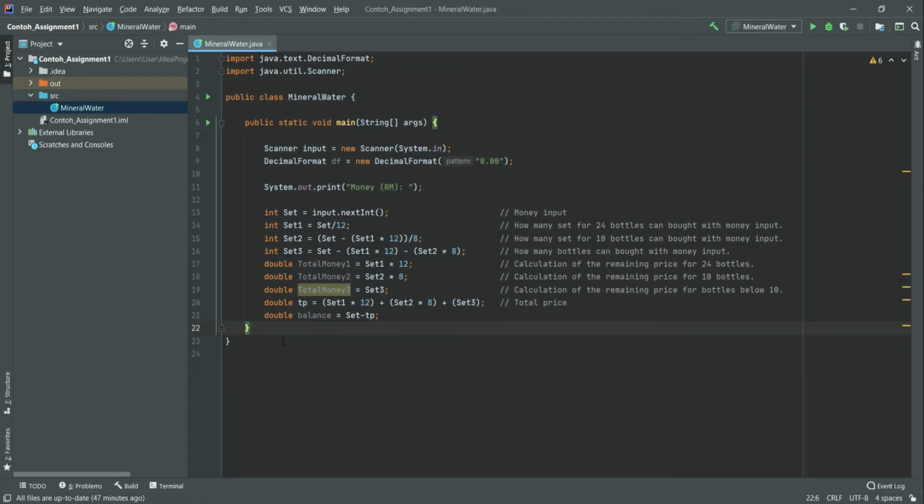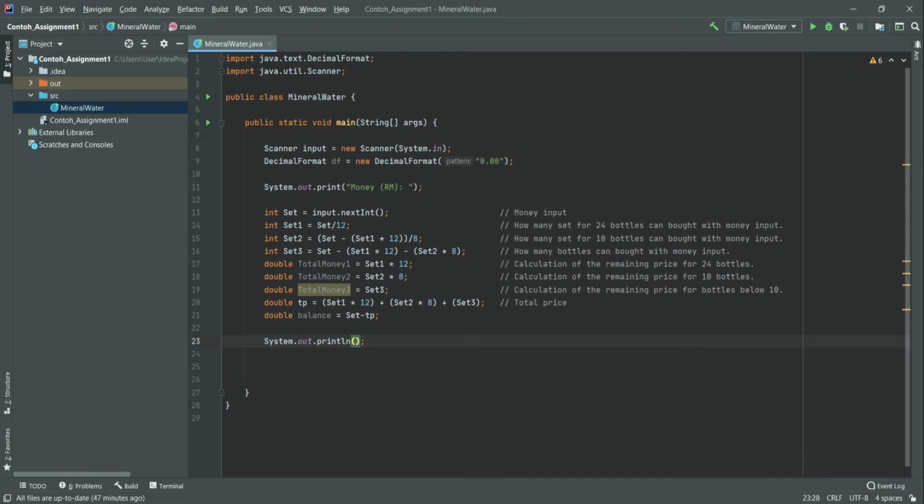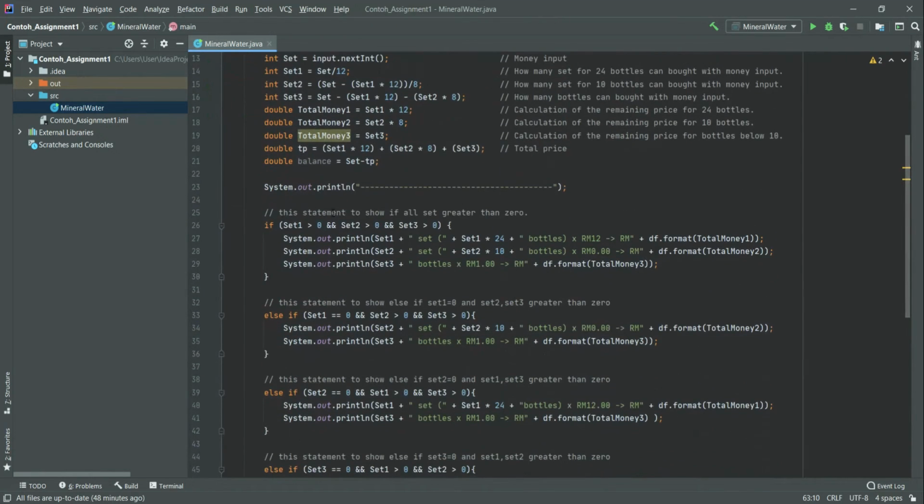Here is all the calculation for instruction 1.